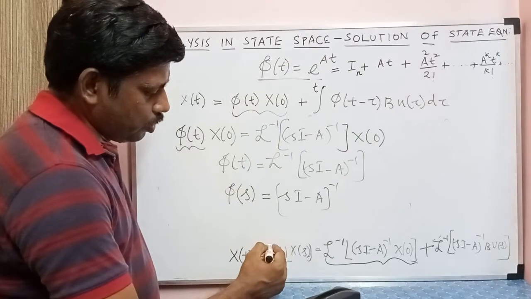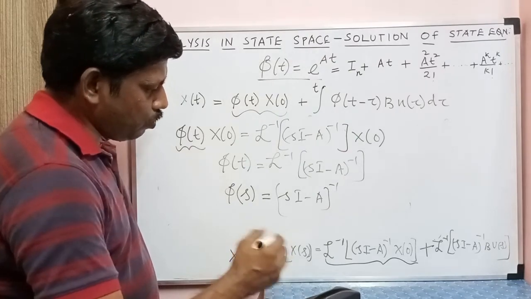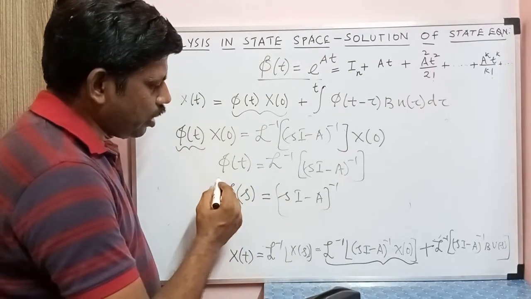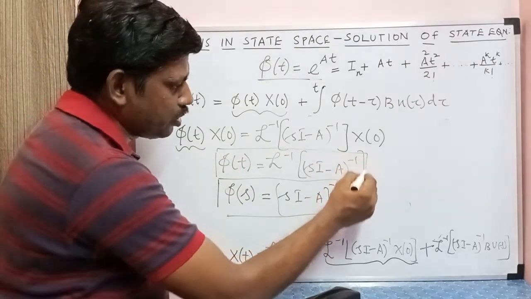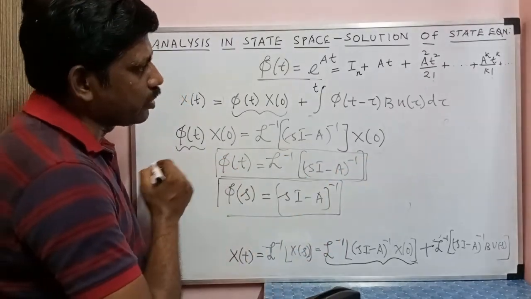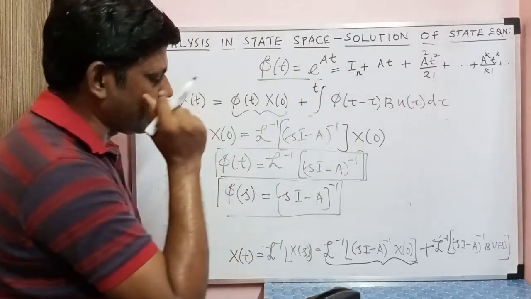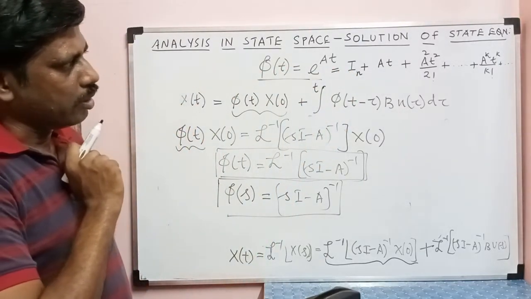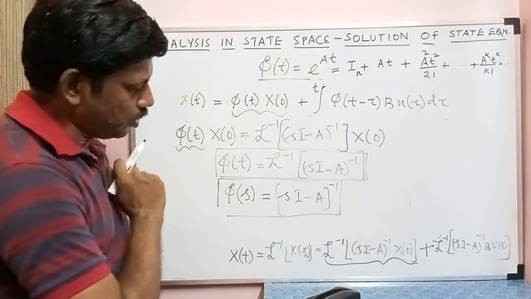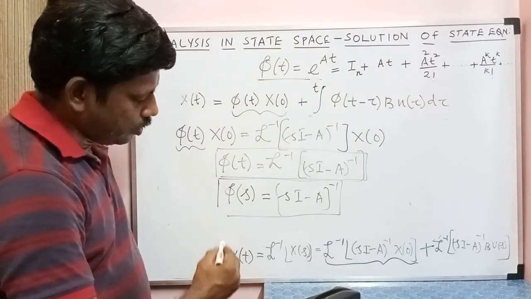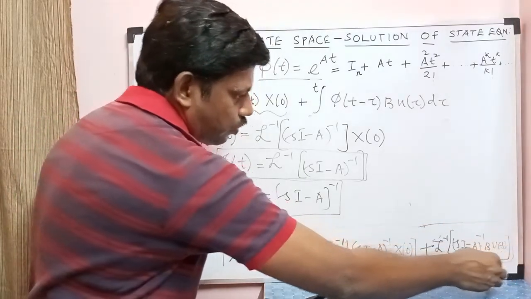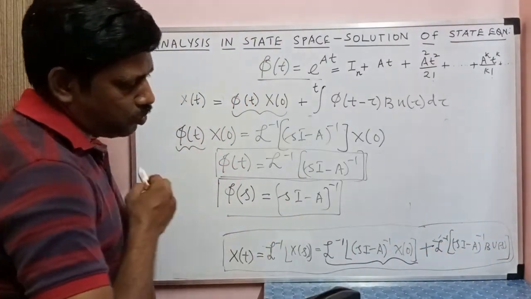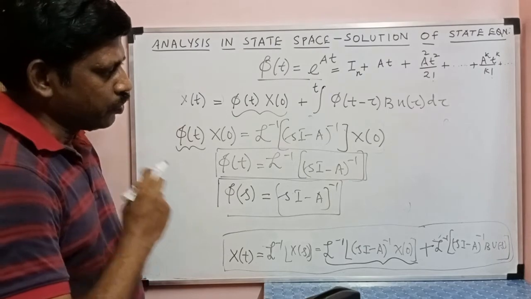Okay, so what is important is I got a new, easy method to calculate the state transition matrix rather than this infinite series method. And also I got a solution x of t in terms of the Laplace transforms.